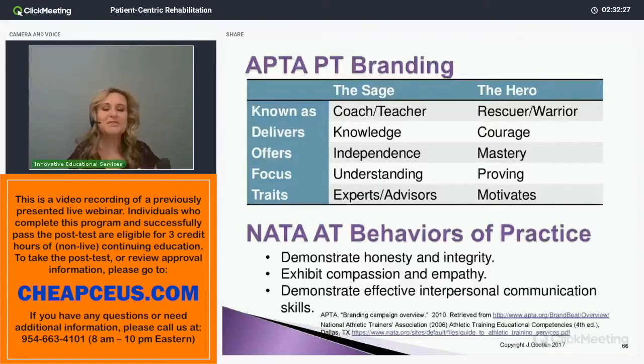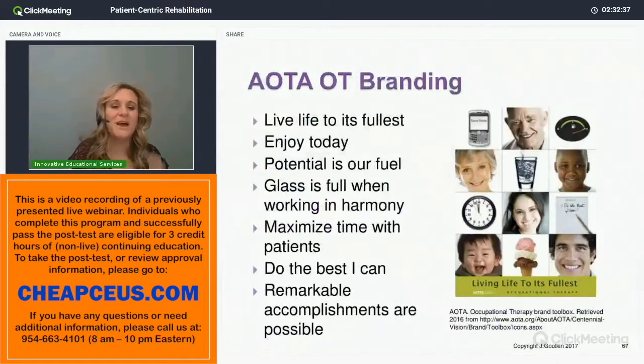The Athletic Training Association pulls in this social piece also by embodying compassion, empathy for your patients. I have to say, OT gets the award for being the most creative. They use these kind of artsy metaphors, and I love it. It makes me smile when I see it, right?